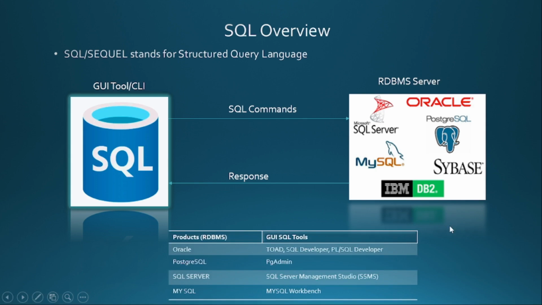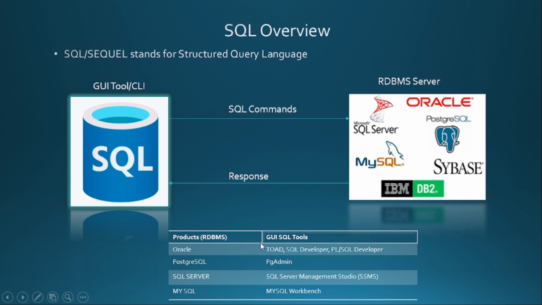Coming to the RDBMS products in the market, we have Oracle, PostgreSQL, SQL Server, MySQL. These are the major products available in the market. For each RDBMS product, we can use GUI tools, graphical user interface tools.